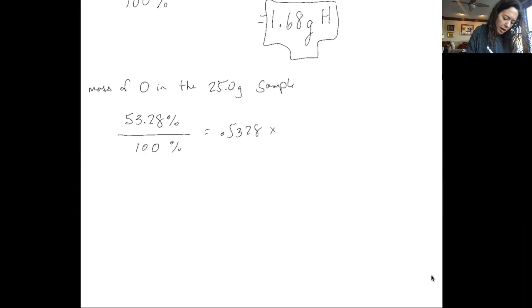We multiply that by the mass of the sample, and we should get a little bit more than half, maybe 13. 25 times 0.5328 equals, look at there, guys, 13.3 grams. Grams of what? Grams of oxygen in the sample.